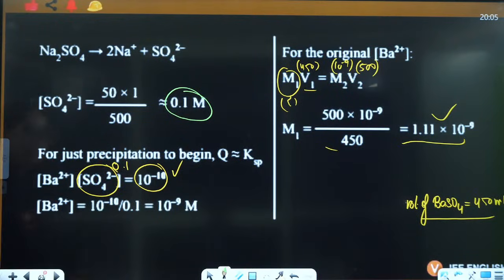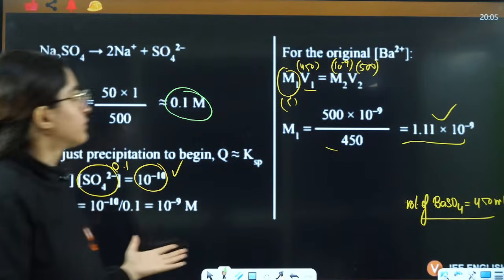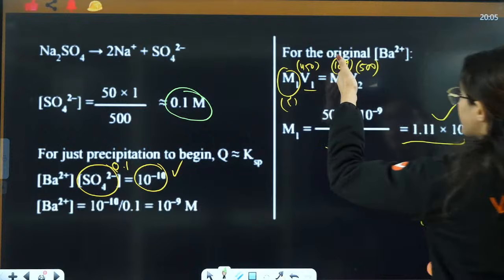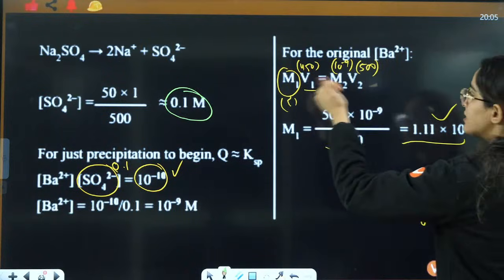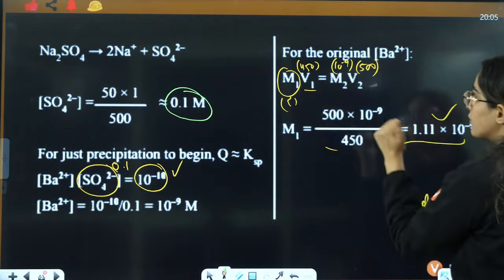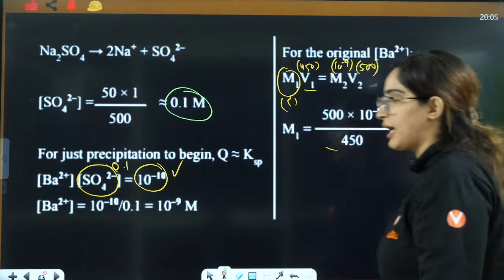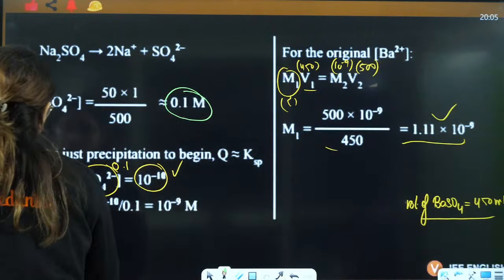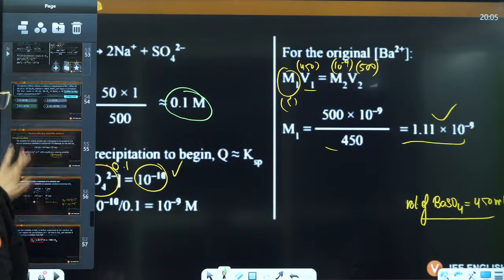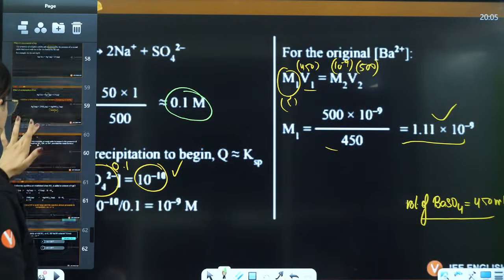When you put it here, 0.1 and this 10 raised to minus 10, you get the concentration of Ba2 positive. This molarity we don't know, but the volume will be 450, and hence you can calculate that, right everybody? That was a very interesting question.